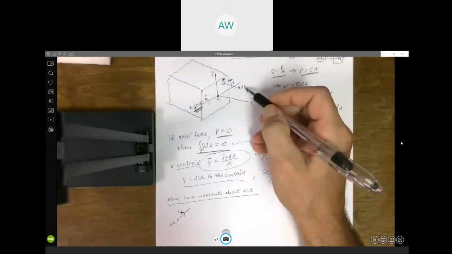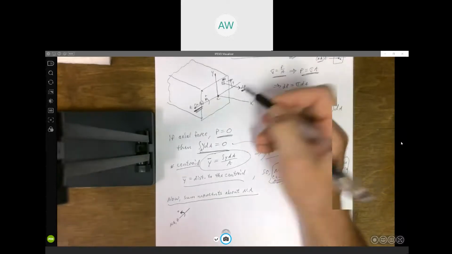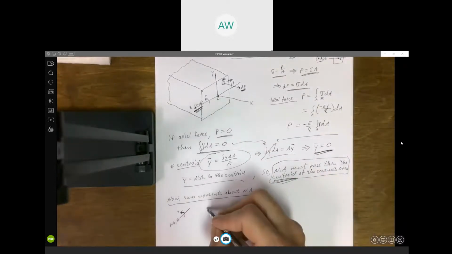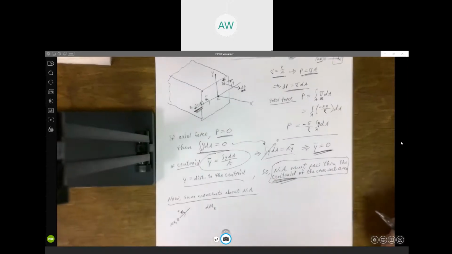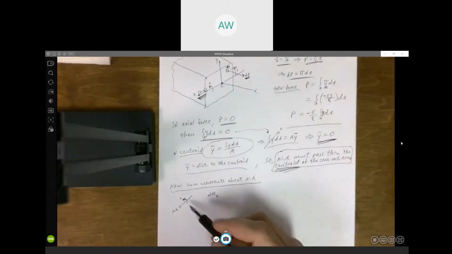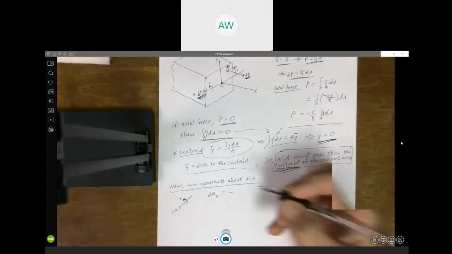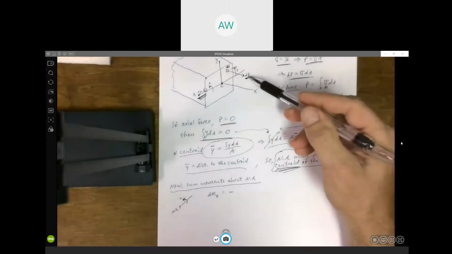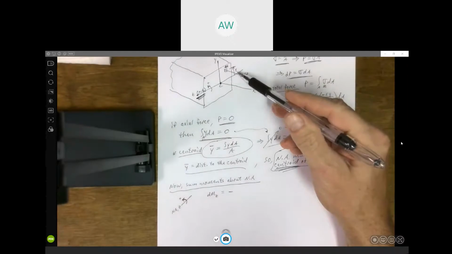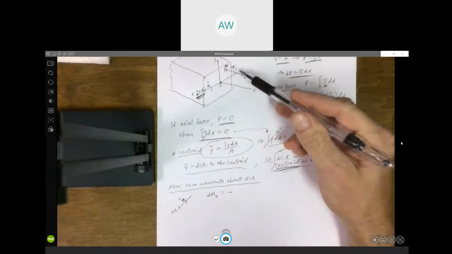So we're going to start by getting the moment caused by that differential force dP. We'll call this the differential moment about the z-axis. Now, if positive is this direction, it's going to be negative. We would take that force times the perpendicular distance away from the z-axis, which is y.